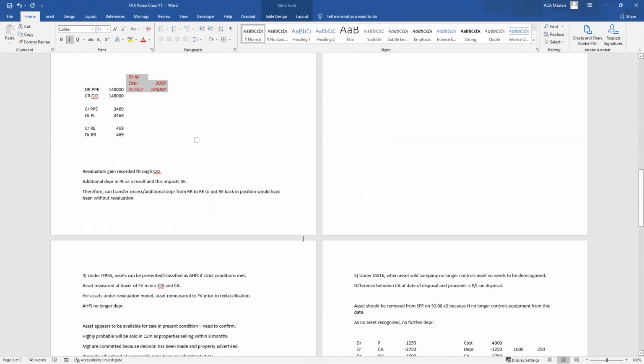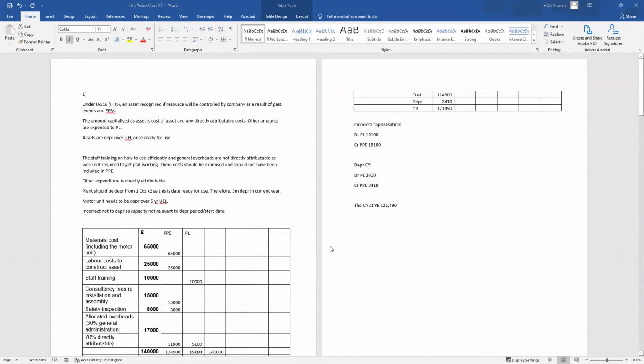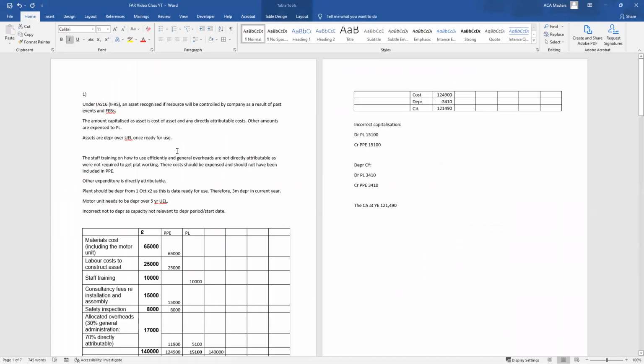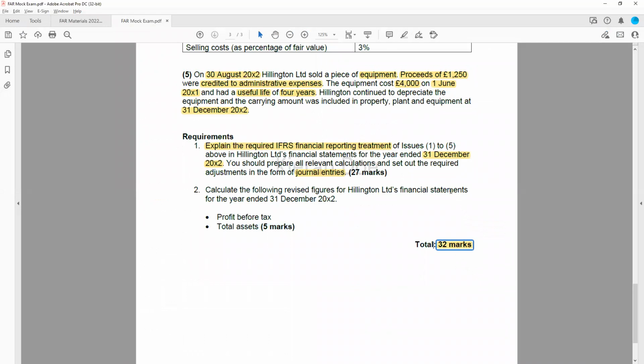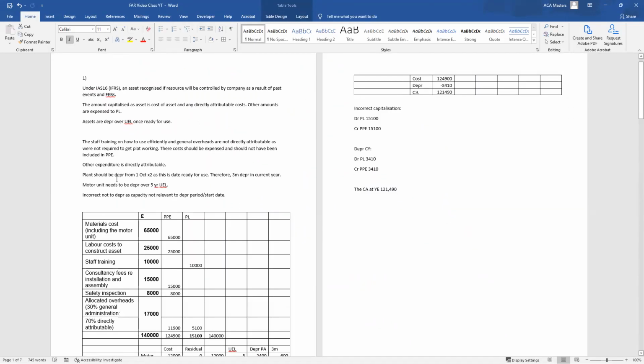But you can see here, some notes will be harder than others, but the beauty of this question is that there will be more available marks than maximum marks. So it might say 32 here. But 32 on 5 issues is around 6 marks per issue, and you can see I've got much more than 6 points here. And that's why there'll be headroom marks.